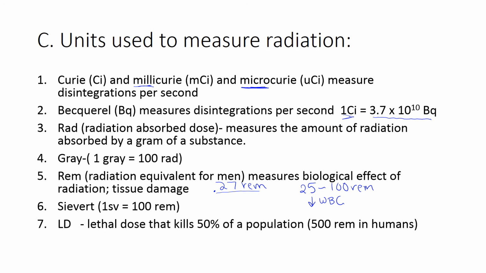You can't fight off infection as well. When you get that number up to 500 rem, half the population would die of that dose. If you were to increase that number to 600 rem, this is considered the amount that is fatal for 100% of the population. So 100% of people would die with a dose of 600 rems of radiation.